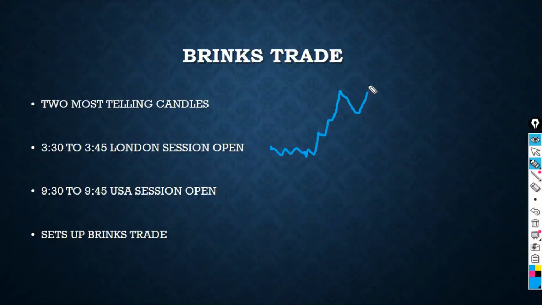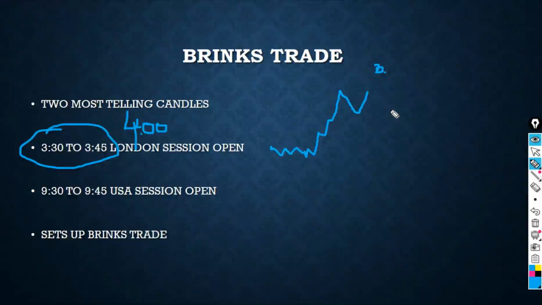This second leg will be formed around 3:30 to 3:45. Sometimes it will be 4 o'clock. 3:30 to 4 o'clock is the maximum time. If the second leg is formed at that time and the trade is confirmed, now we have the pattern in conjunction with the timing.